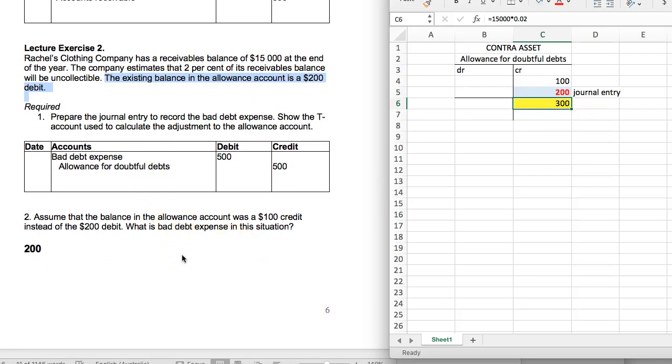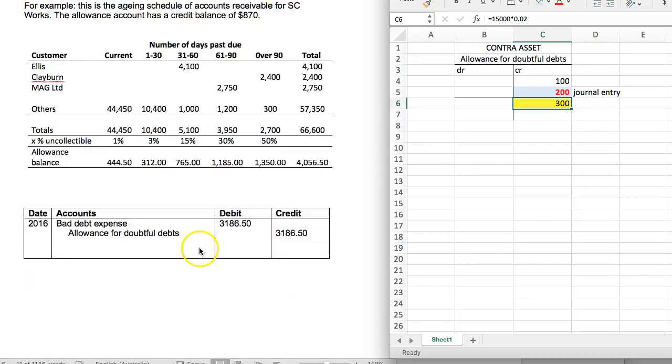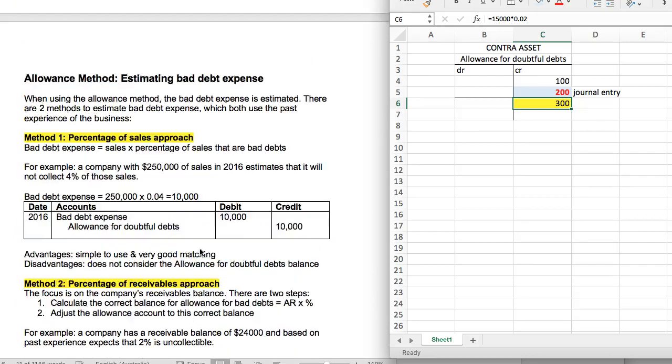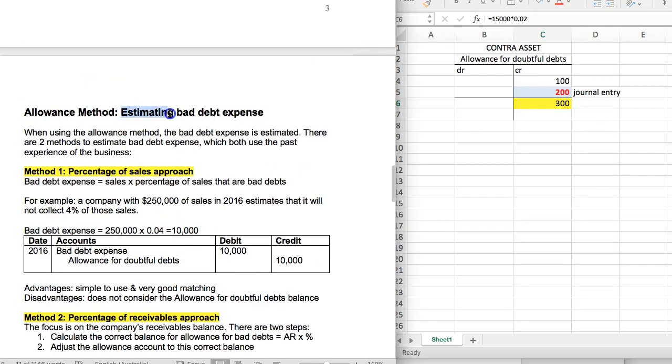Now, there might be something that you're thinking about at the moment, which might be, if we estimate bad debt expense, what does that mean about the numbers in the financial statements? So this is something I want you to start thinking over the next few weeks. Accounting is not maths.